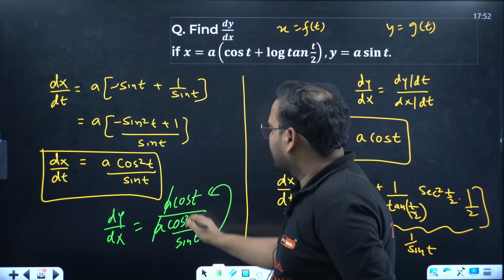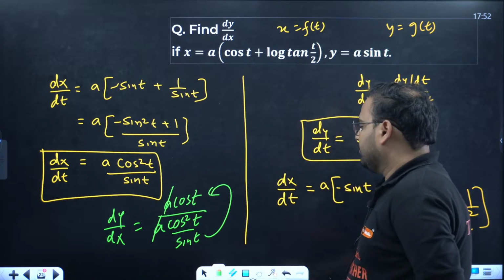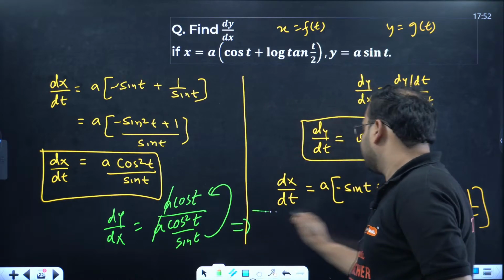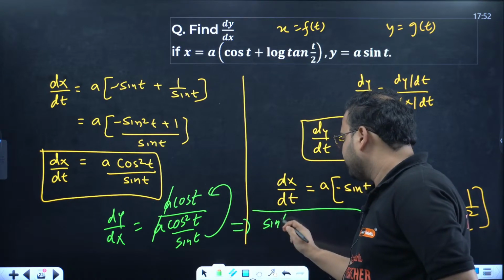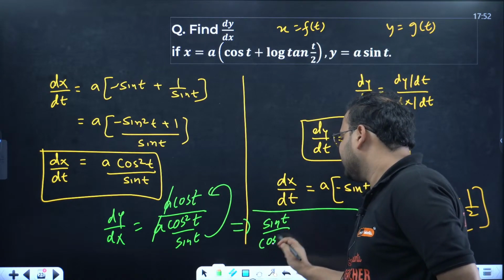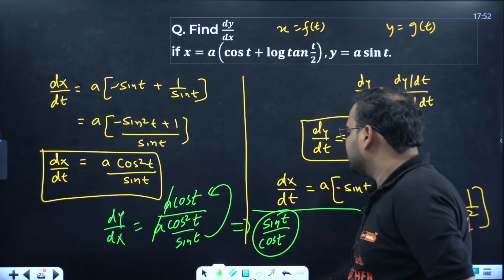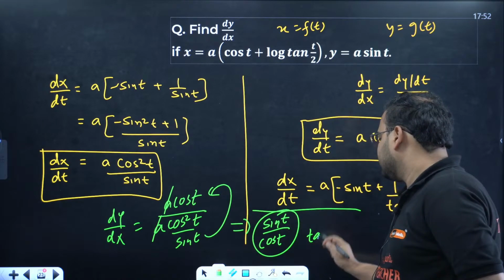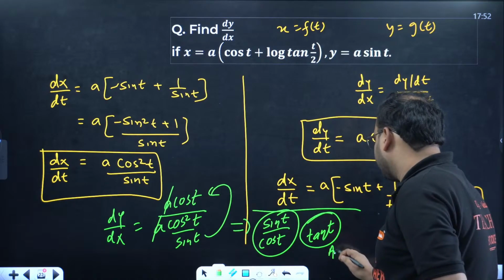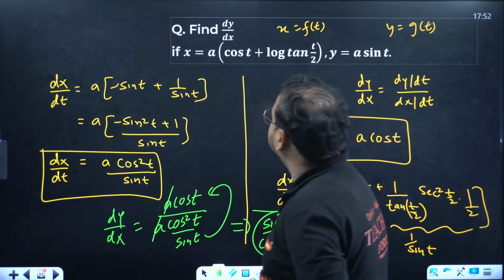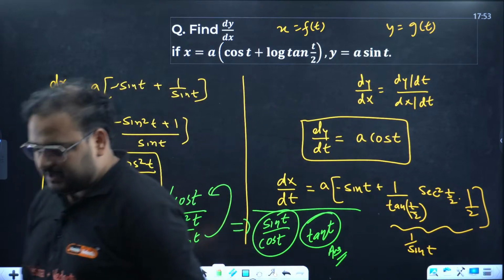Can you check? Cos will also cancel. You'll be left with what? If you continue just for a second, please check. You'll have sine t by cos t left, and that's my answer, tan t. Please check. That's the final answer. Tan t is the final answer.